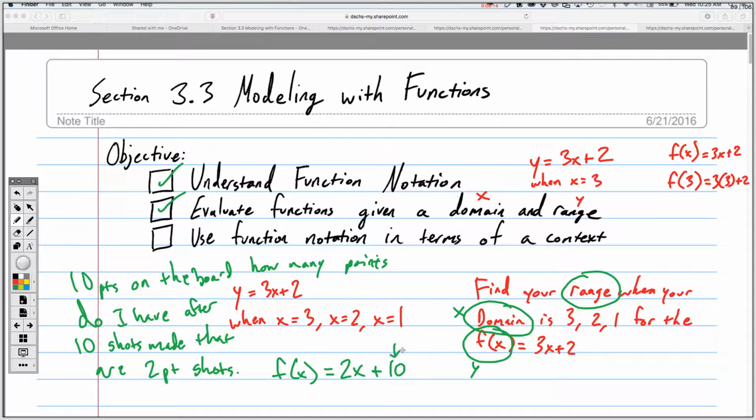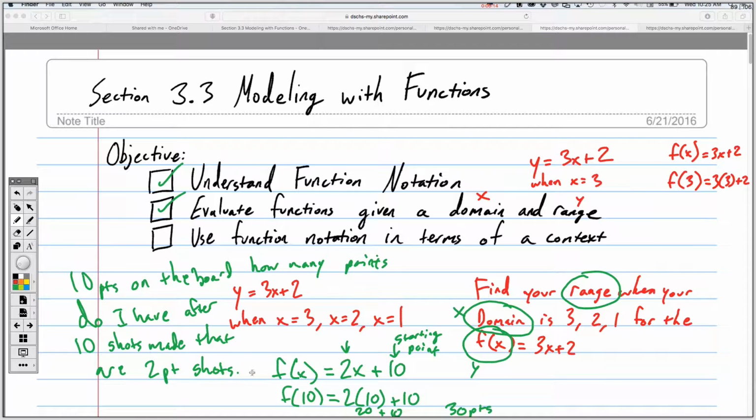Remember, this is your starting point, and then this here is how many points you make. Every shot you make is 2 points. So then I would plug in: after 10 shots, I would have 2 times 10 plus 10. What's 2 times 10? 20. I started with 10, so 20 plus 10. I would have 30 points after making 10 2-point shots.